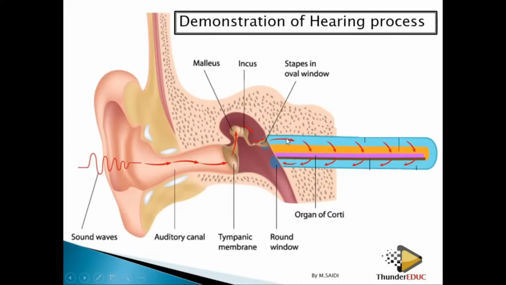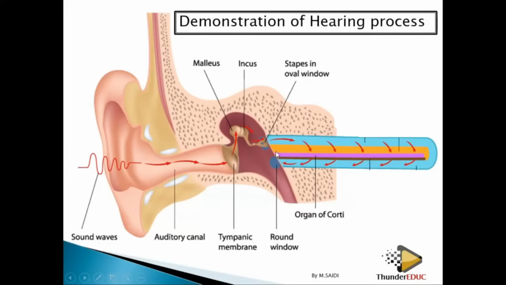The vibration is transmitted into the fluid of the inner ear. The oval window causes the fluid in the cochlea, the perilymph, to vibrate. As it makes a wave, some of the vibration enters the endolymph.